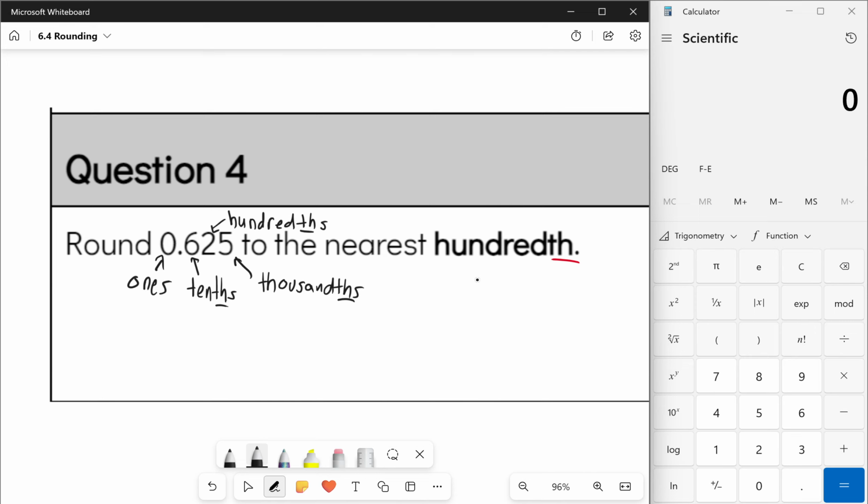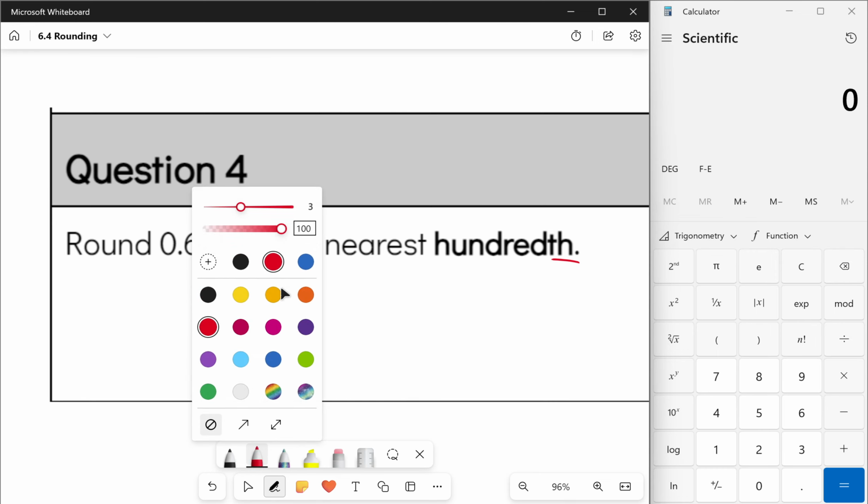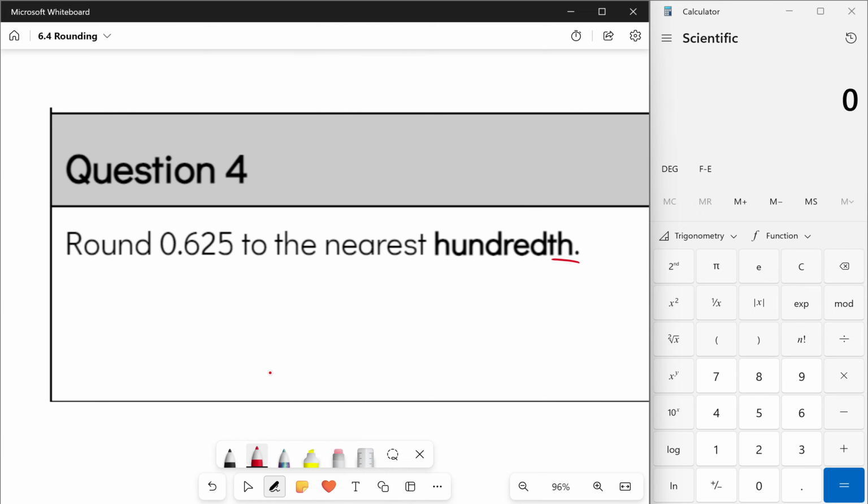So let's just get rid of all the stuff I've written so far, and let's underline our hundredth. Because if we're rounding to the nearest hundredth, then we want to be left with a number where the last place value is the hundredth. So just like we went over before, I'm going to underline this 2, because here's the decimal, one to the right of the decimal is our tenths, and then one to the right of that is our hundredths.